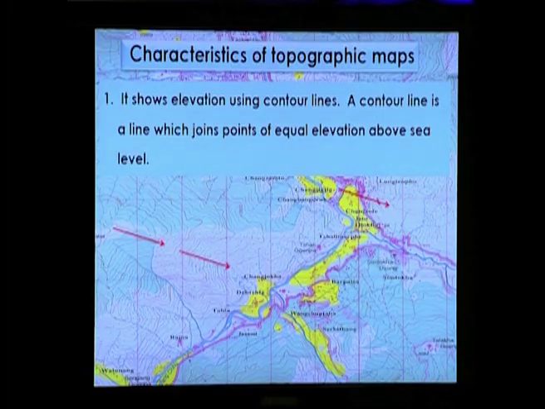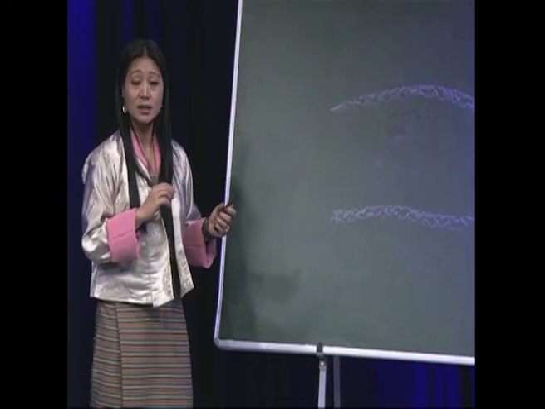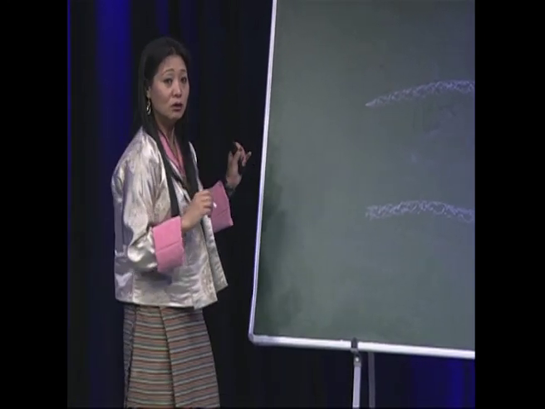Now if you look properly, there are thick brown lines. These thick lines are known as index contour lines.